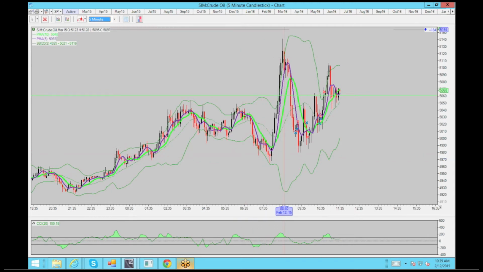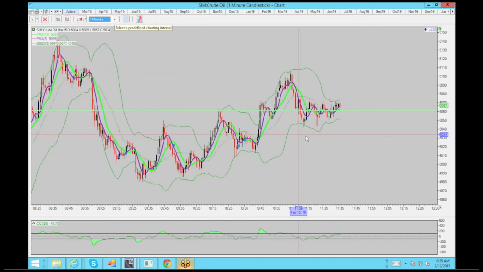You can see I got this impulse, this pullback, this impulse. This should at some point try to retest this price action on the 5-minute. And then I look for a 1-minute entry relative to my Bollinger Bands and moving averages. So lower band, somewhere down here, closing above there. That's just what I'm looking for, these little impulses.